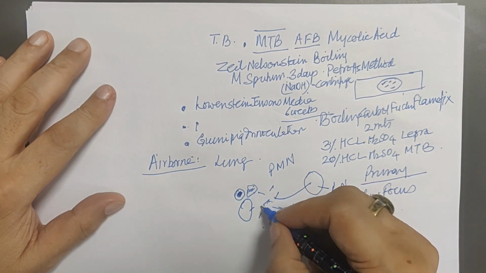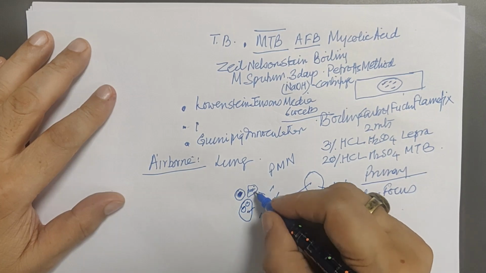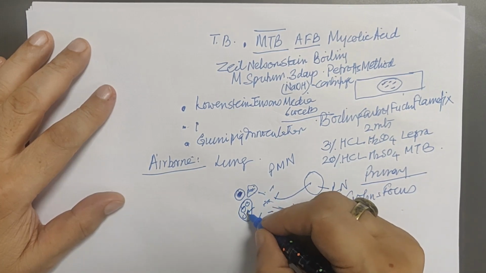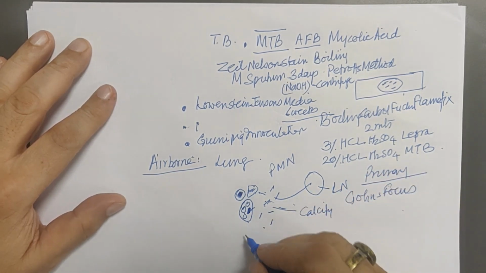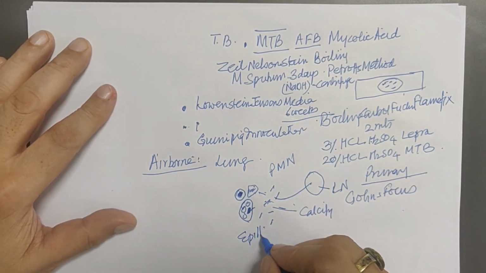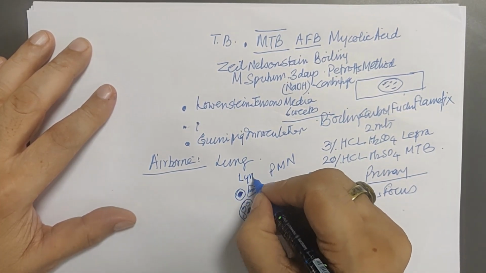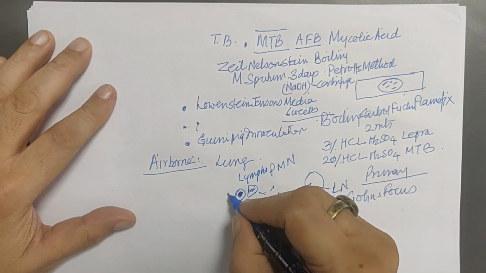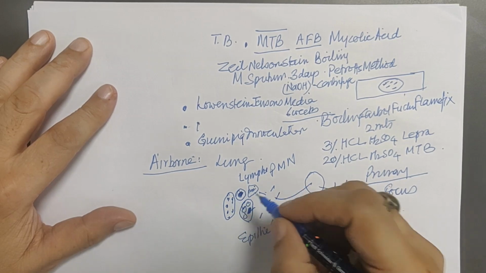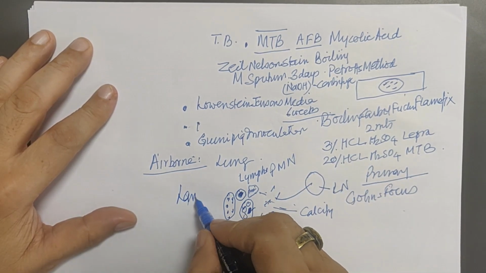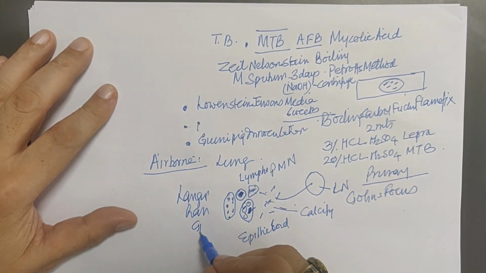This cell has engulfed many bacteria, and because of the fat of the bacteria there are many vacuoles in this cell, and this is called an epithelioid cell. Then you have the lymphocytes, and finally you have cells which are multinucleated with peripherally arranged nuclei, which are called Langhans giant cells.